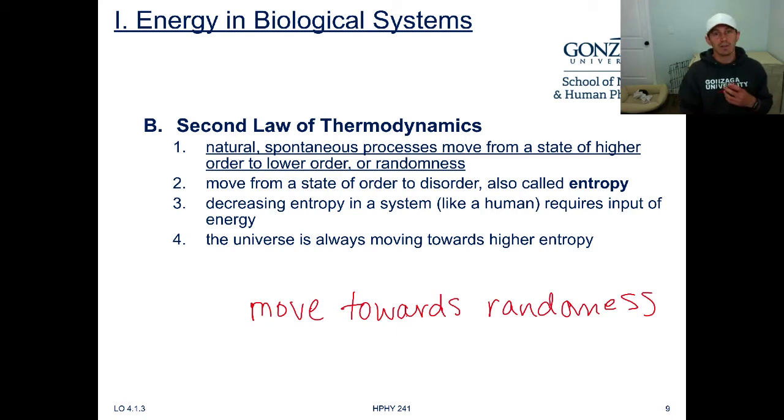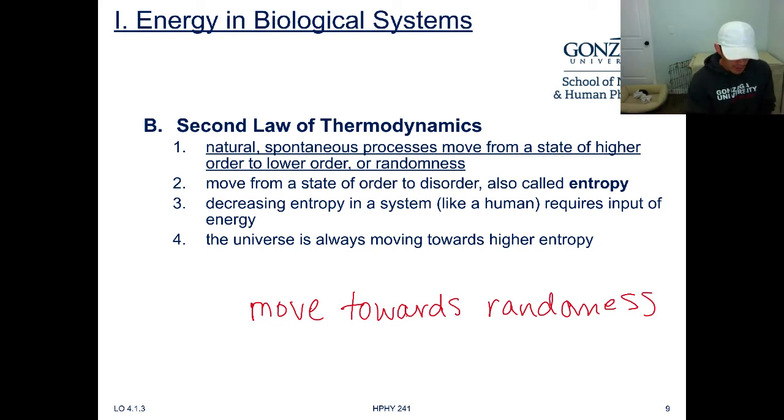So when we eat to obtain more energy, we're decreasing the entropy temporarily. But as soon as our body starts to use that energy that you've taken in, it's going to move towards a state of lower order, and it's going to create more entropy. Okay, so it's really like a back and forth.